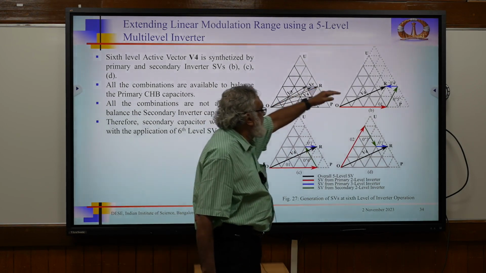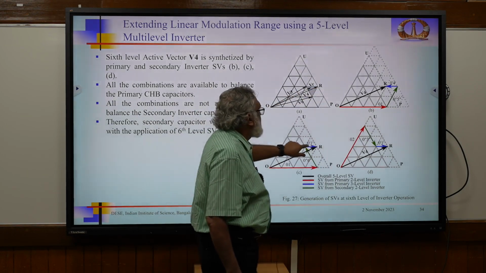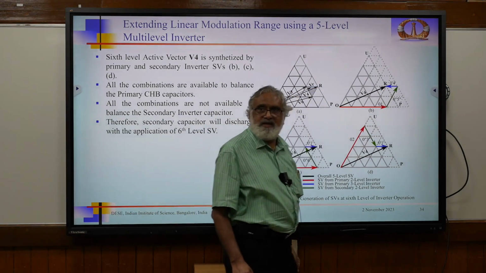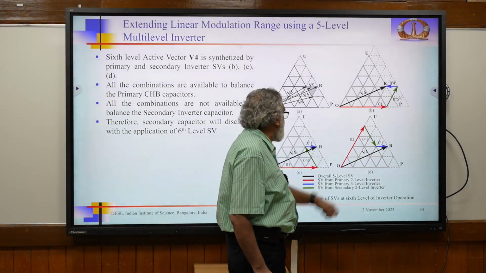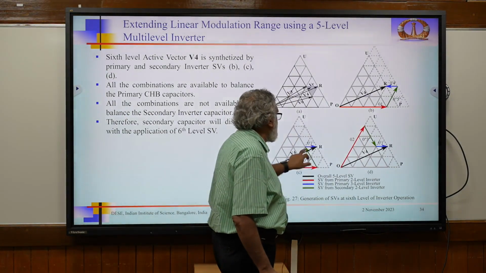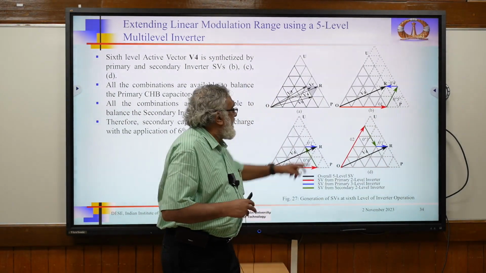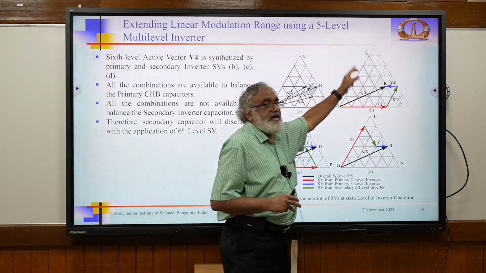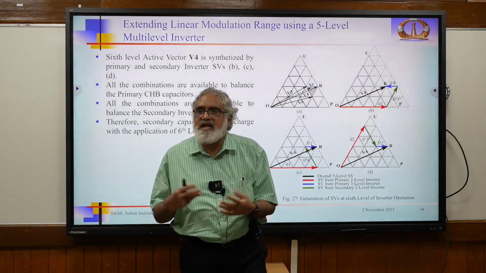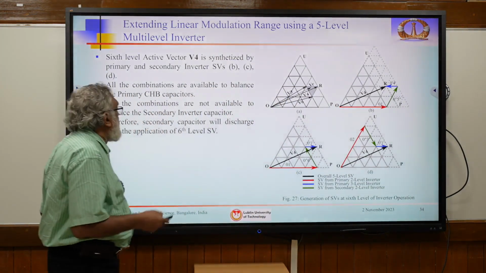By swapping between these two locations, there is an opposite direction, so this capacitor can be balanced. This is only for one location. Every location has this switching state redundancy, so the capacitor can be balanced. That's the idea.